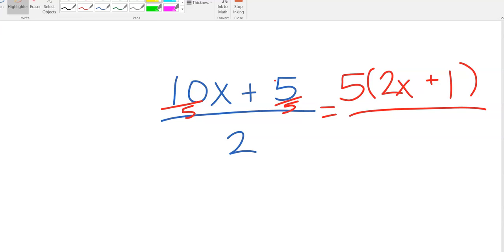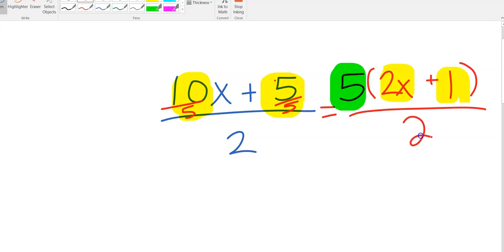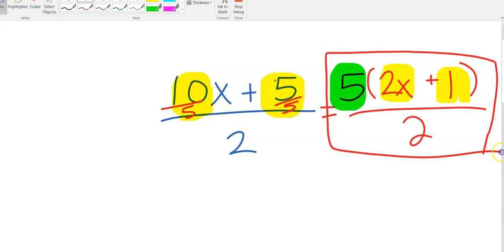All I did was divide both of these by 5. That's what they both had in common, and that's where I got 2x plus 1. Now, I had to include this 5. This is what I factored out because I didn't reduce this whole fraction. I was just dealing with the top of this fraction and looking for a GCF. Now on the bottom, that 2 is not going to change. I didn't do anything to it, so this would be my simplified answer right here.